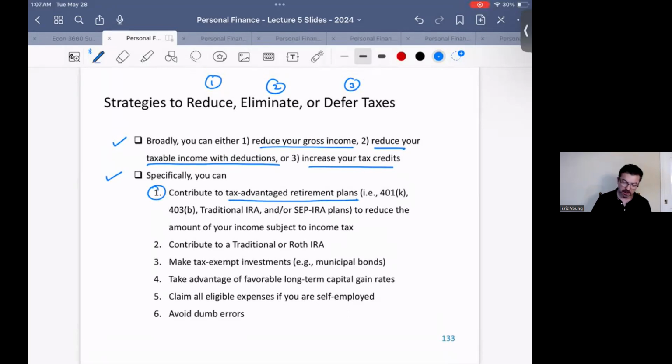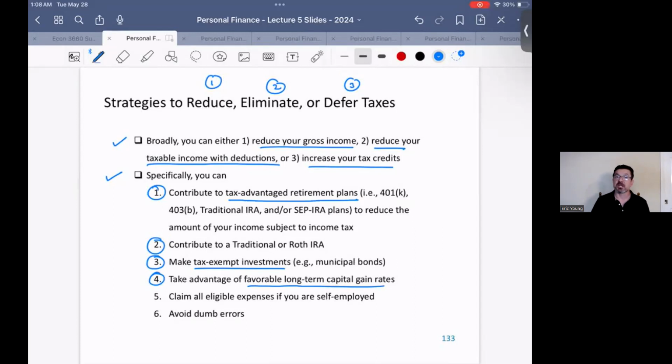Fantastic. You can put money into a traditional or Roth IRA. You can invest in types of investments like municipal bonds, where the money that you earn is tax exempt. Of course, we said that if you're going to have a capital gain, you're going to hold it for a year plus and take advantage of those favorable long-term rates.